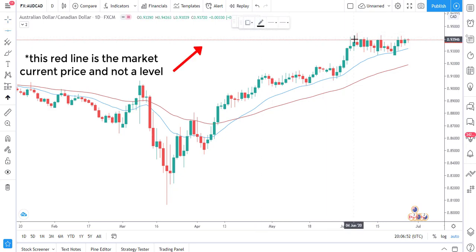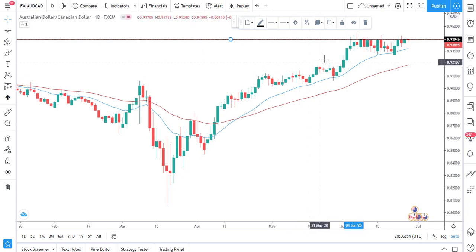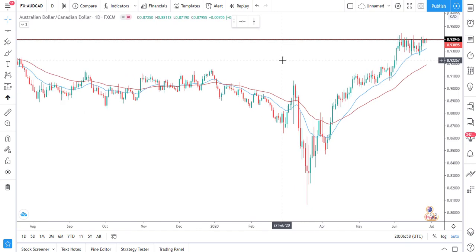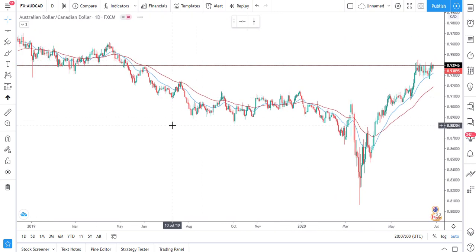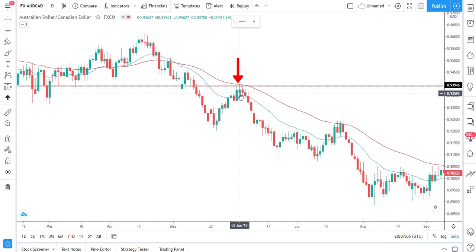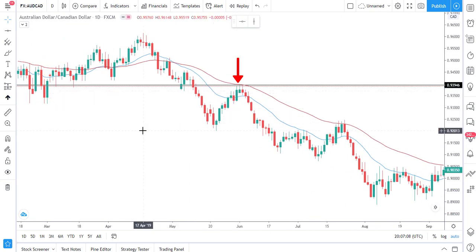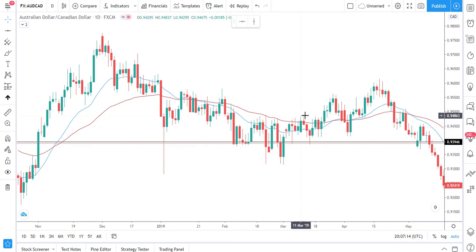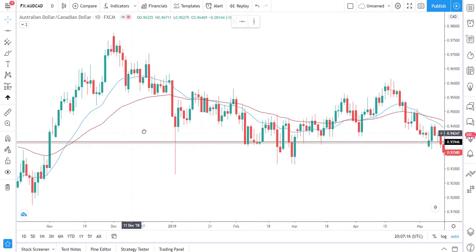So I'm just going to put in my level here, and by placing my level here, if I scroll back into the past, you will see that this level actually coincides. We have a touch here. Let me zoom in so you see close what I'm talking about. We have a touch here, one. We have more of a zone here. We have another support here. It acted as a support in this area.